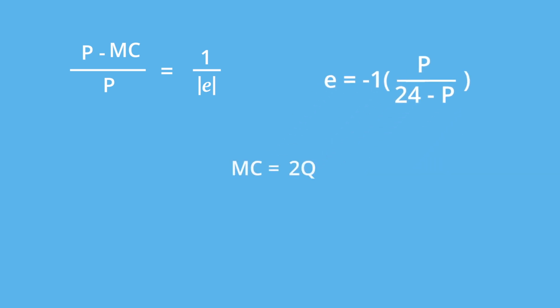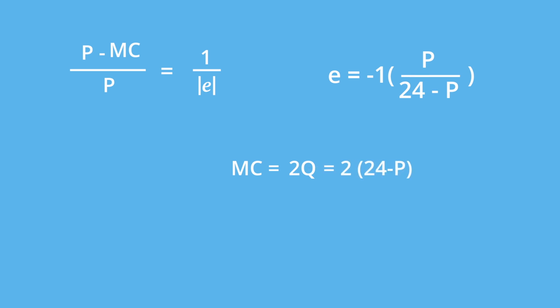On the other hand, we have MC equals 2Q. We can express it in terms of P. MC equals 2Q equals 2 times 24 minus P, which equals 48 minus 2P.